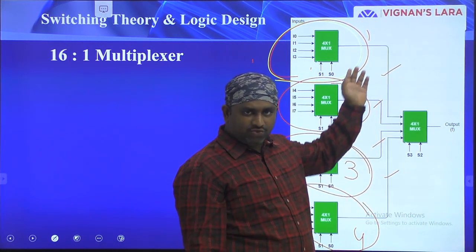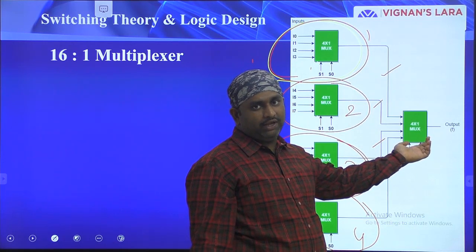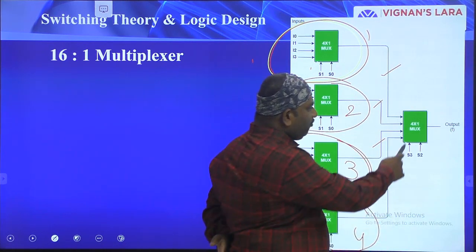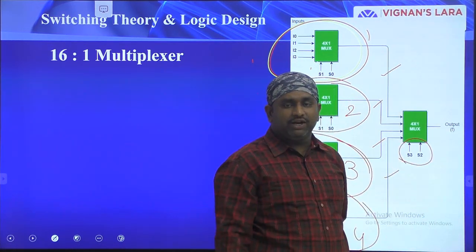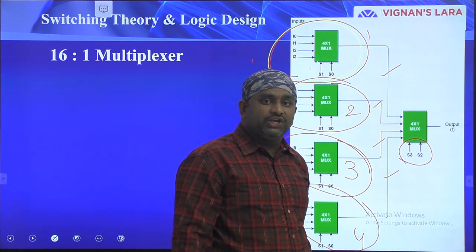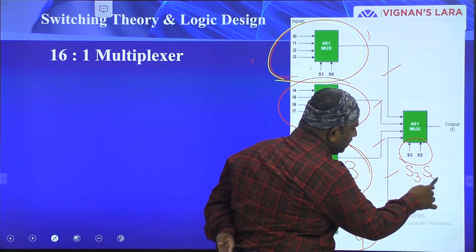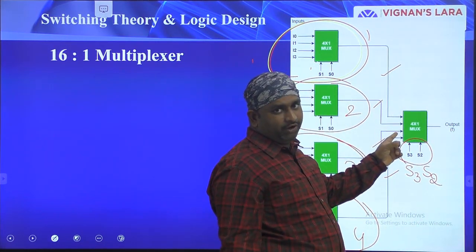For handling these 4 outputs, I have taken one 4 to 1 multiplexer here. For this 4 to 1 multiplexer, you have 2 selection lines, which I am representing as S3, S2. And these are the 4 input lines.